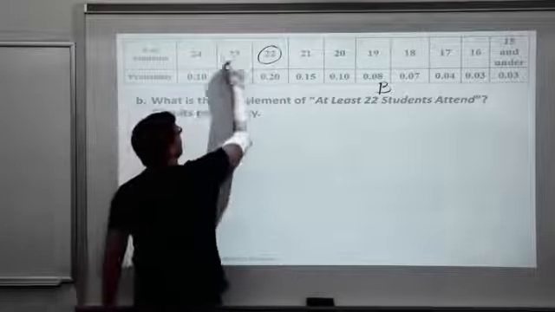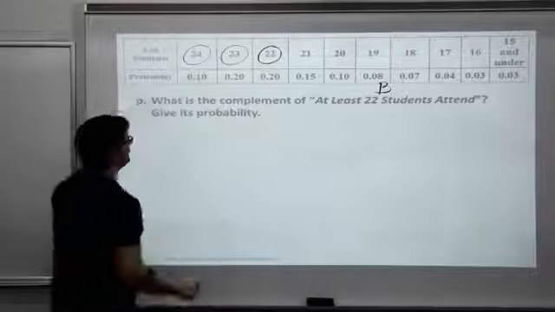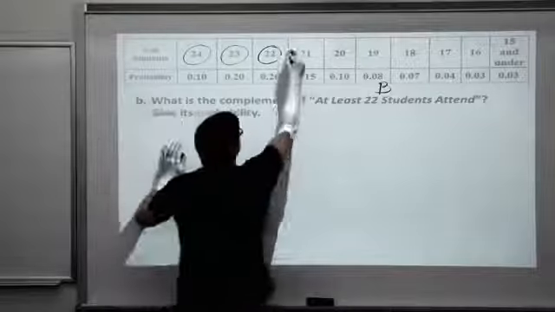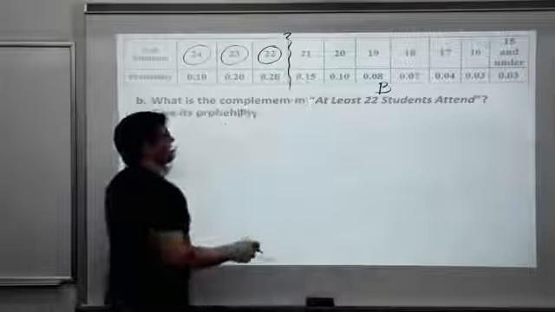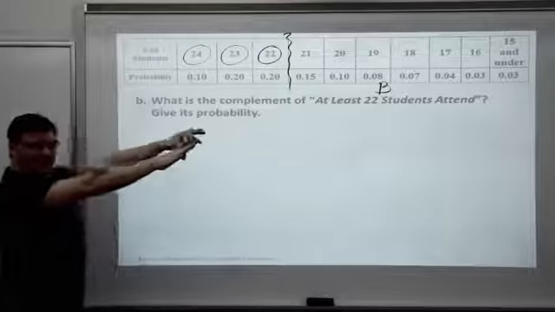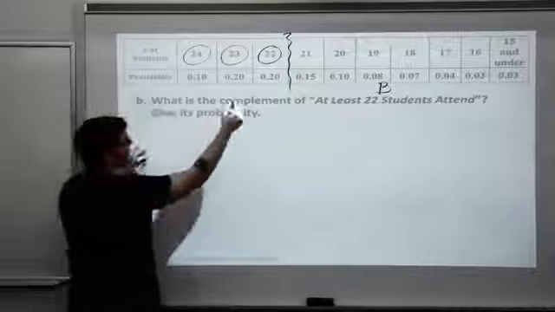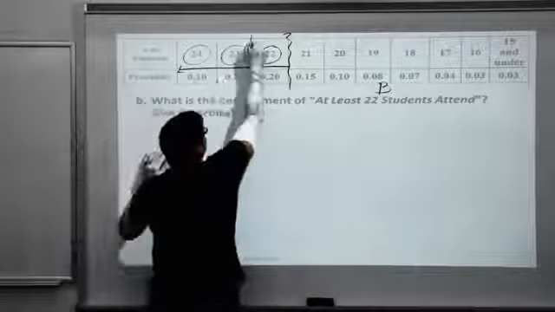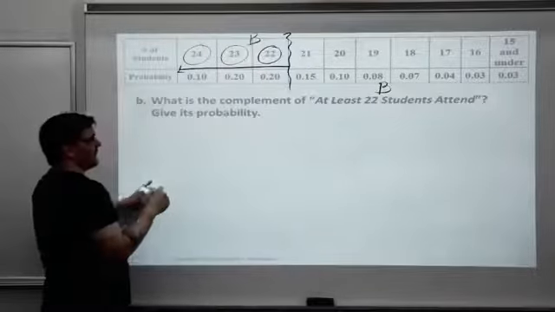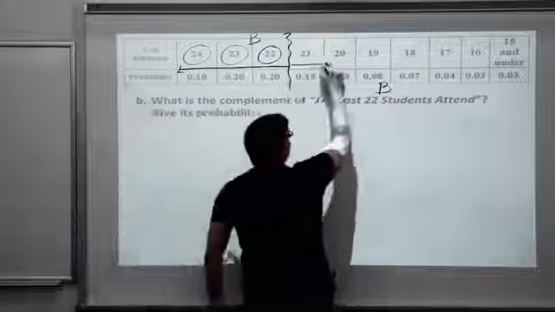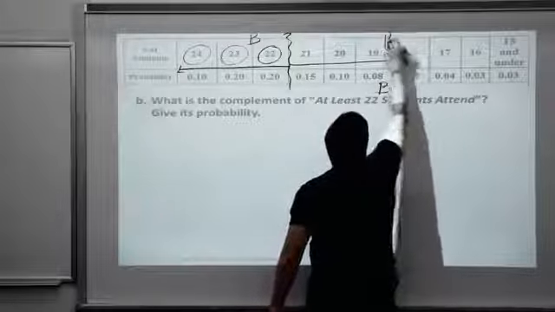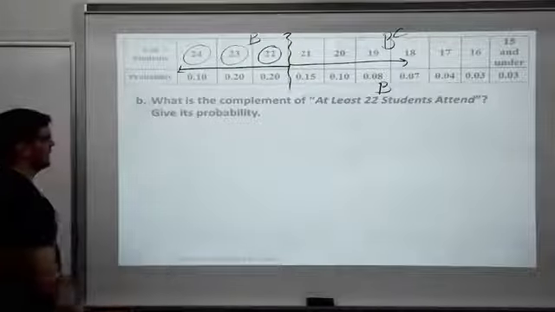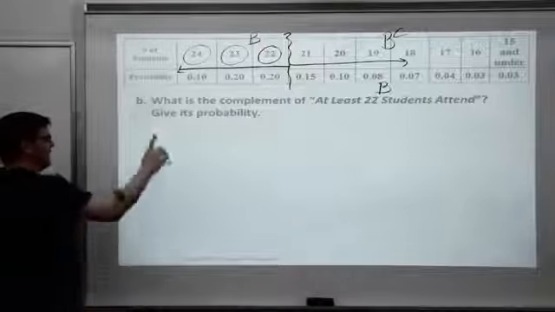All right? So 22, 23, 24 students are attending. I like to put that line there and the complements on the other side of the fence. If this is one event, all these simple outcomes, that whole thing there to the left is B. Everything here is B complement, B with that superscript C up top there. Okay, so that's B complement.